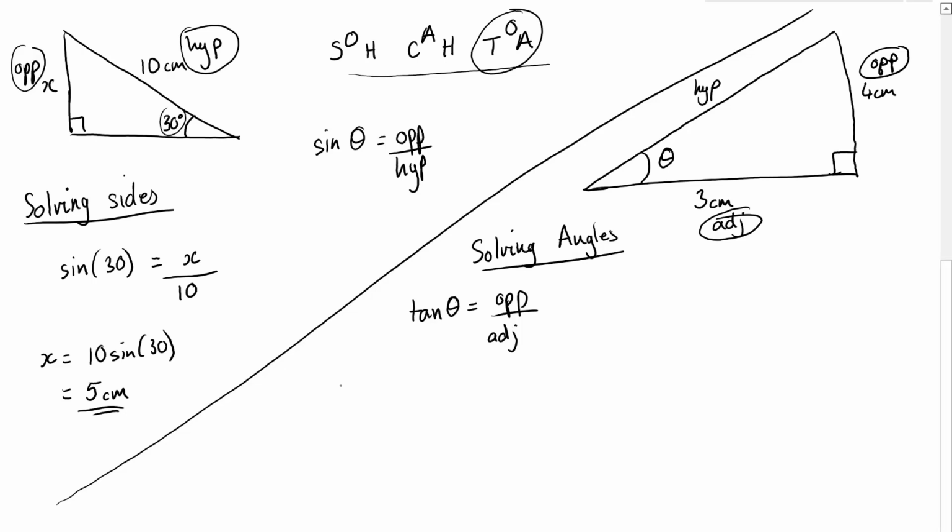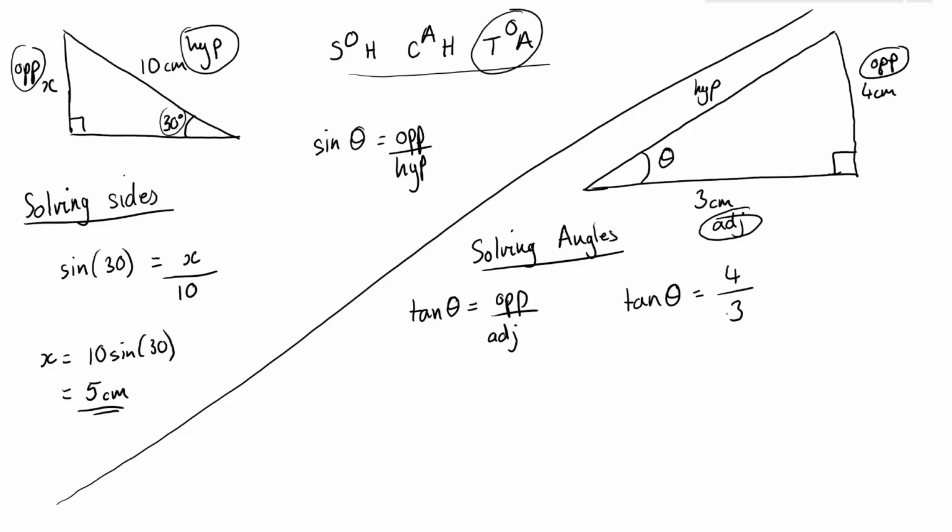So we can say that tan of theta, which is still unknown, is going to be equal to the opposite, which is 4 centimeters, divided by the adjacent, which is 3 centimeters. And now we want to solve for theta.